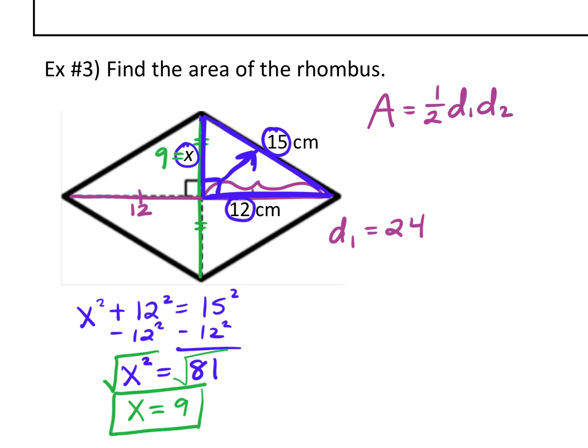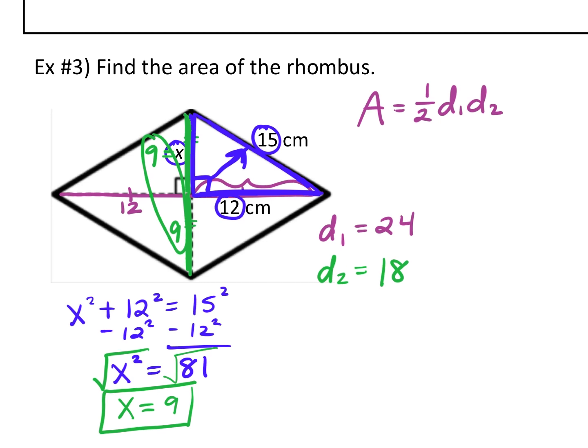This is 9. What is diagonal 2? What's your second diagonal? 18. This is 9, so this is 9 also. Add those together, so diagonal 2 is 18. Okay, so here's what you do.